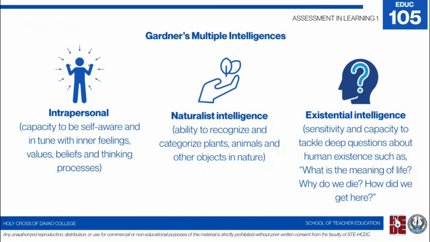Or how did we get here? So Gardner sometimes refers to this as the big questions intelligence. So students with existential intelligence are drawn to philosophy, religion, ethics, and the deeper why behind human experience.